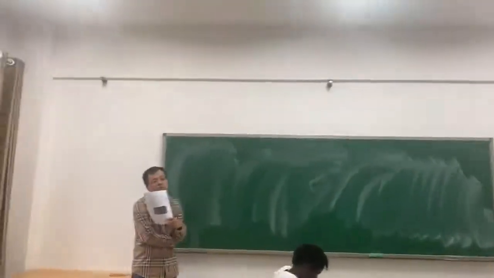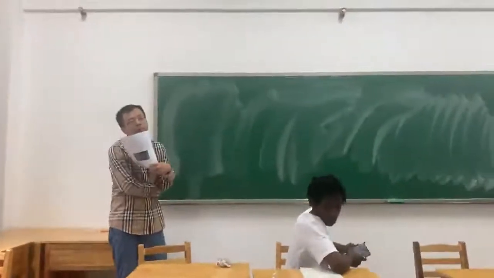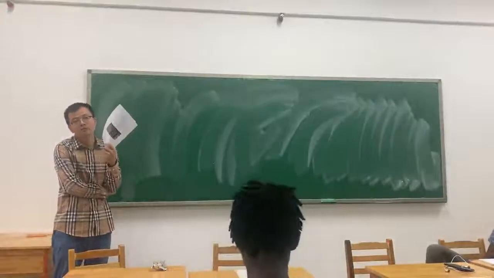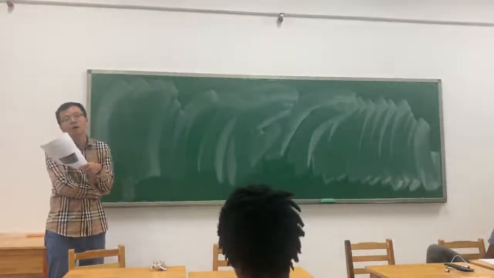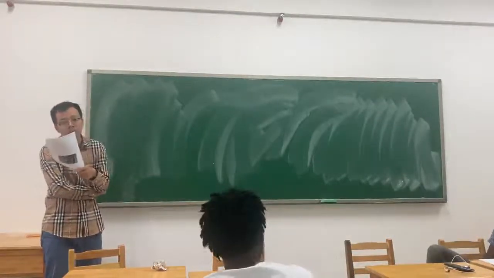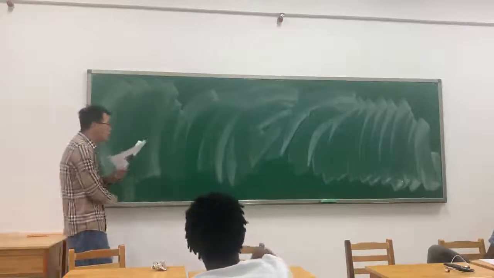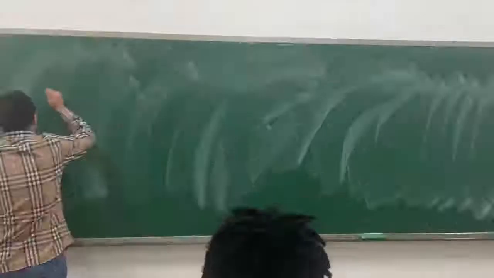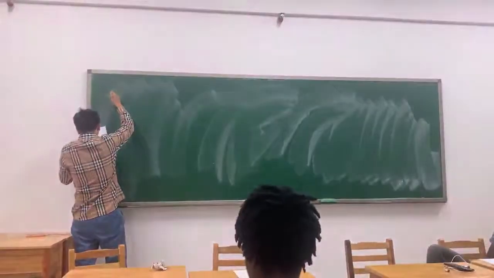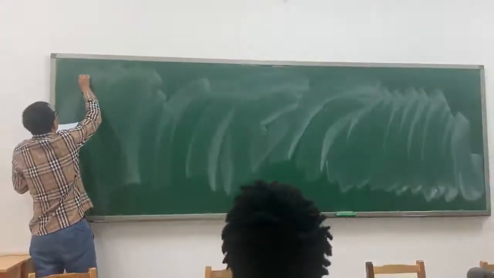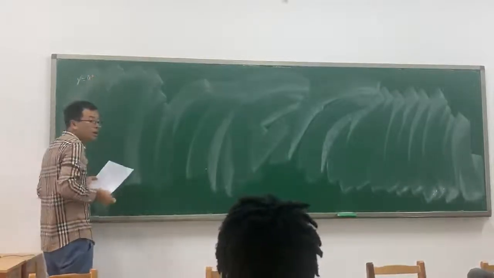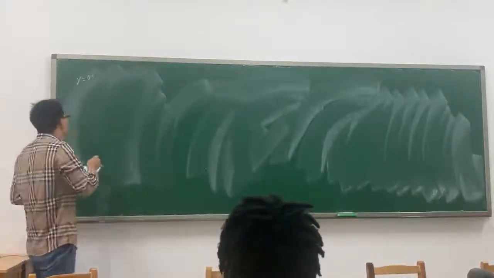Yesterday we introduced how to find the critical points. Finding the critical points means you find where the derivative equal to 0 or the derivative does not exist. Now for this function, y equal to x squared, we know the graph.